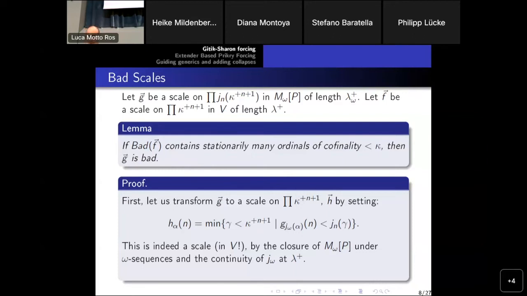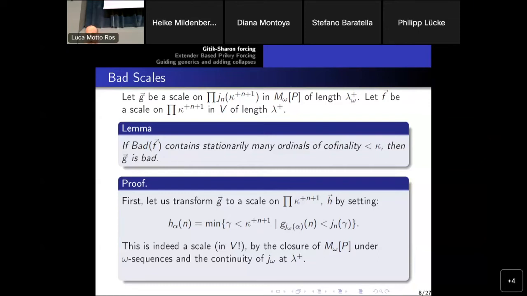So how am I going to do this? I'm just going to take H alpha of n to be the least ordinal that's going to go past G at the point J omega of alpha n. And this is well defined because everything here is continuous.